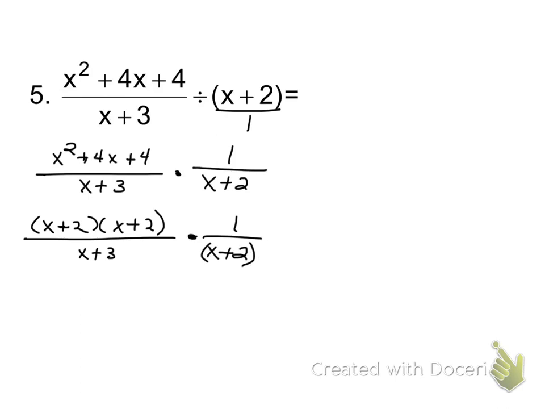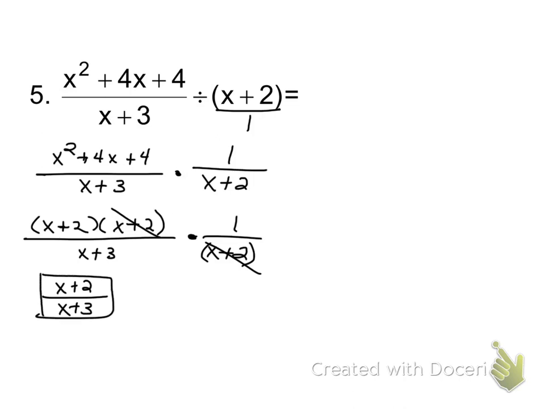Okay, so only one of these x plus 2's will cancel, because you have to have one of each, numerator and denominator. So your final answer is going to be x plus 2, that's all that's left in the numerator, over x plus 3. That's all that's left in the denominator.